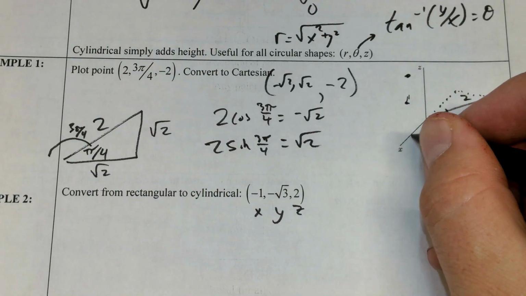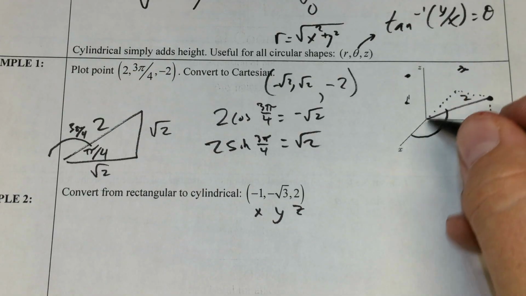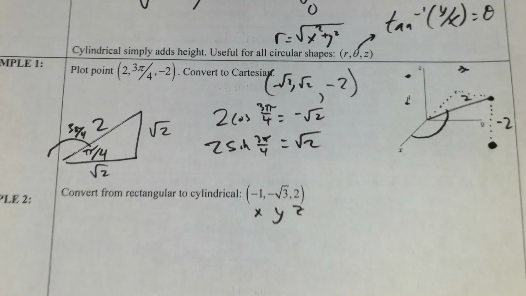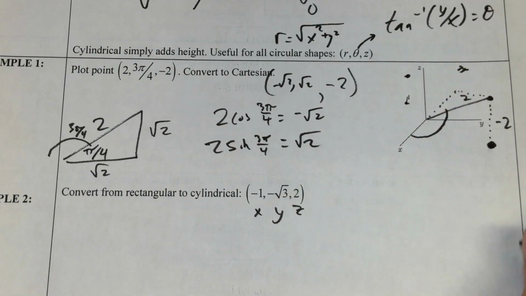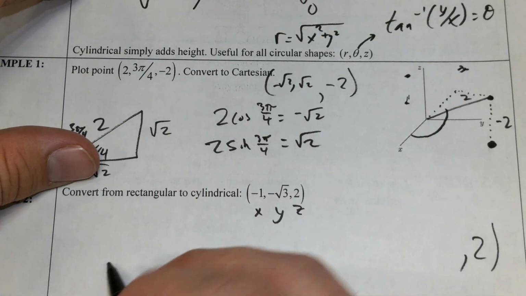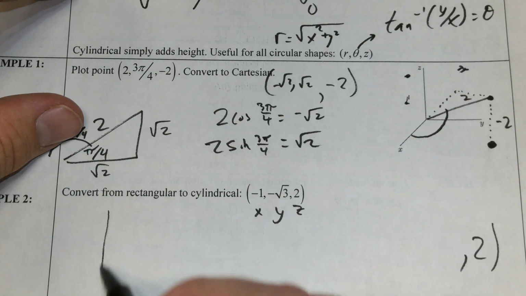I know that my angle is now going to go past pi. I know that I'm going to be in the third quadrant of xy, but then up for my z. I know, thankfully, once again, it's going to be comma 2 because z stays z in this case, but to go get my radius, remember, I have a triangle here.